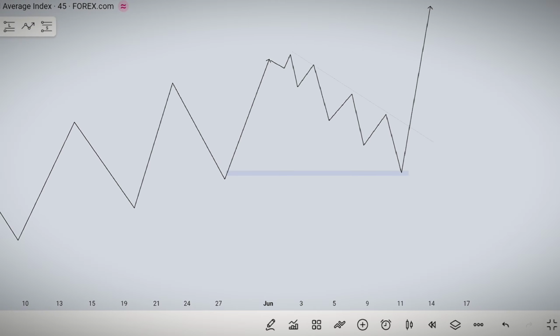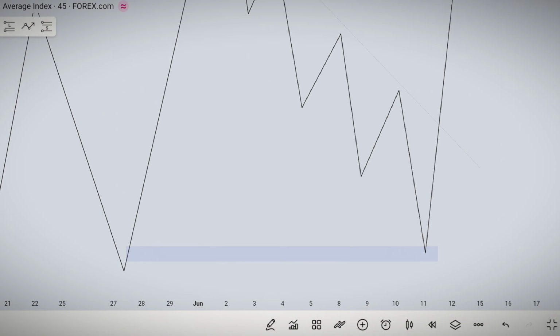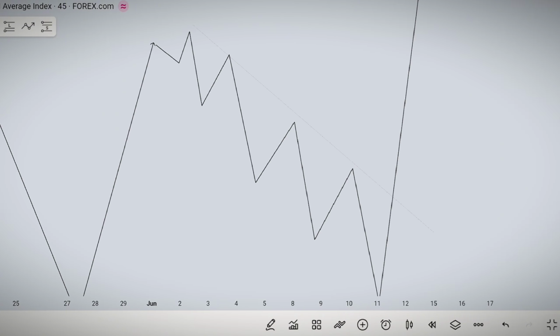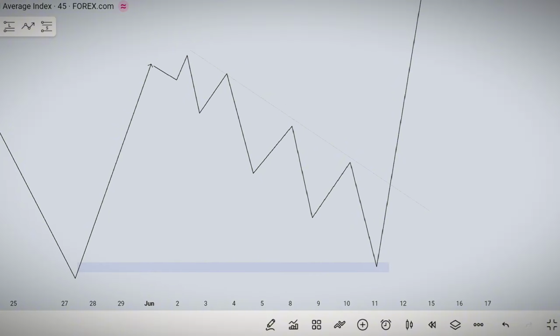Now the common mistake I see you guys make is that you will see this counter trend bias and you will not take note that there is a POI where the market is likely to reverse from and continue its general direction, be it an uptrend or a downtrend. You will now start looking for sales.